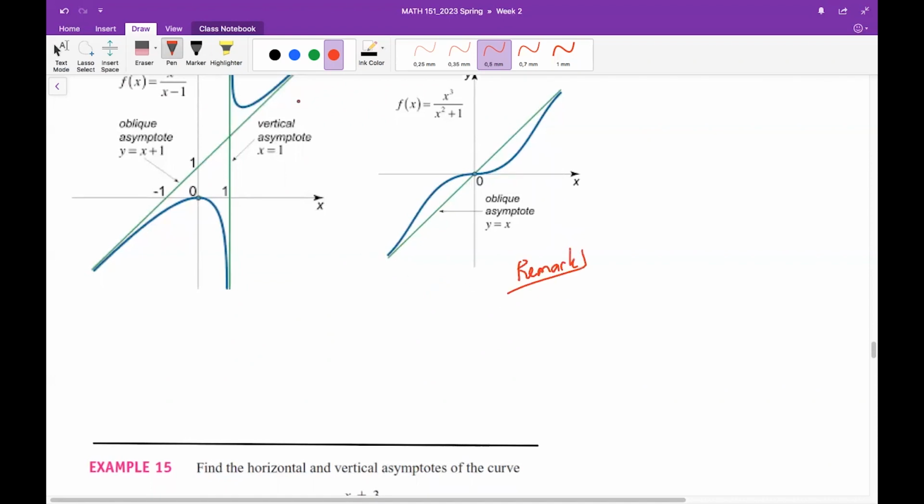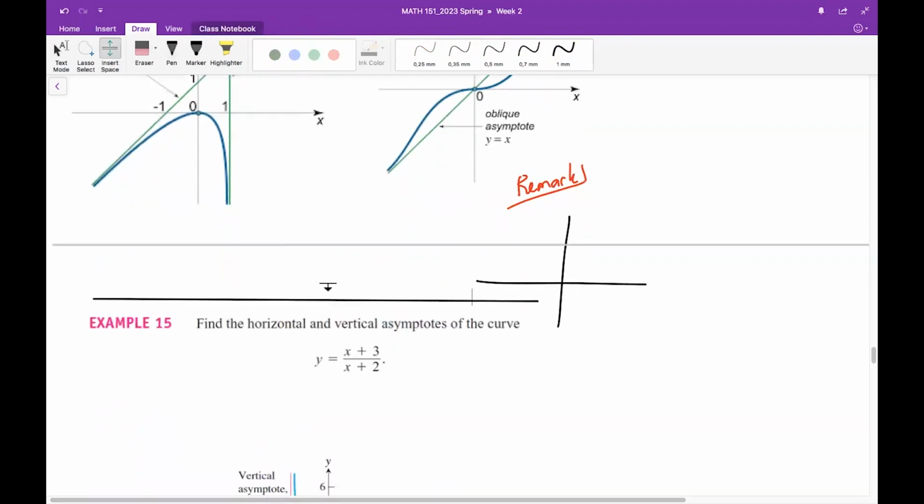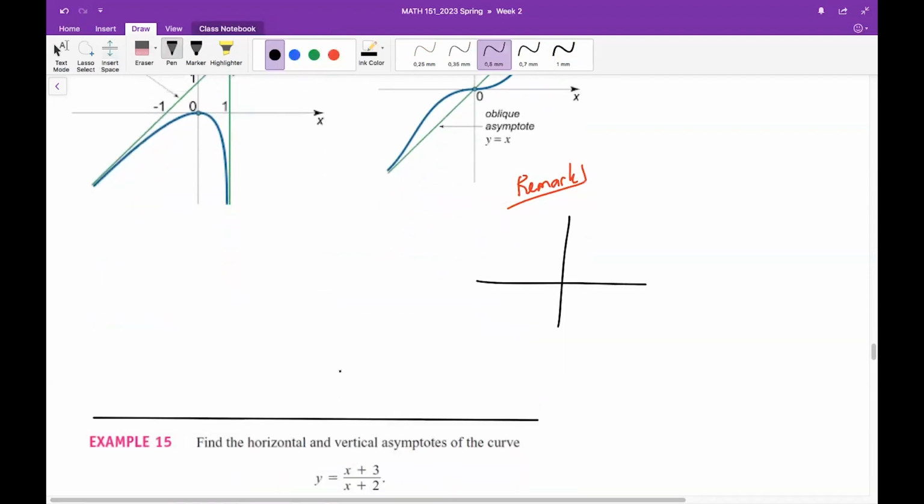Remark, okay. Let me draw a graph and then I will insert a function and an oblique asymptote there. Okay, let's say this will serve as our oblique asymptote. Our graph, let's draw a graph like that. Let me try it again.